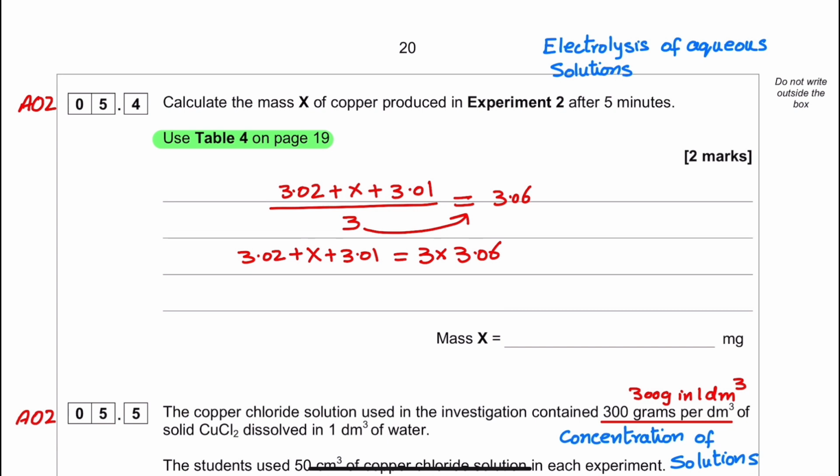When we solve these values, my x is 3.15. So 3.15 is value of x in experiment number 2 when we are calculating for time in 5 minutes.